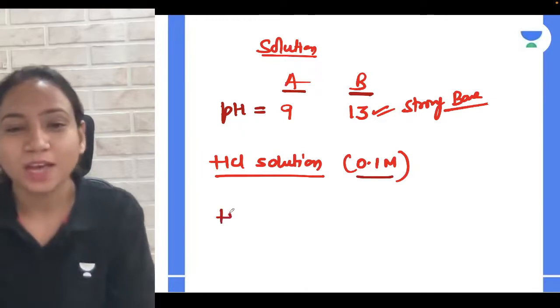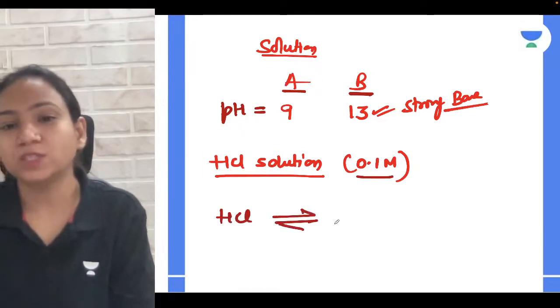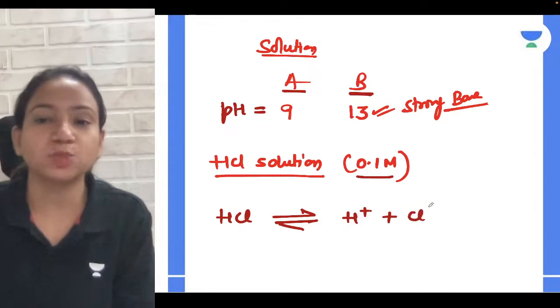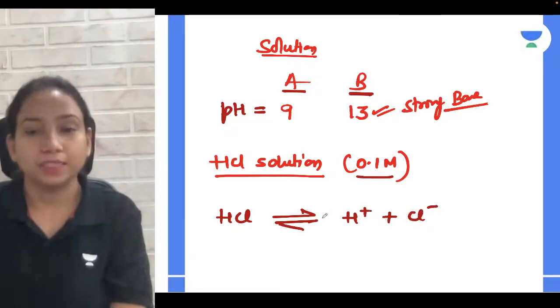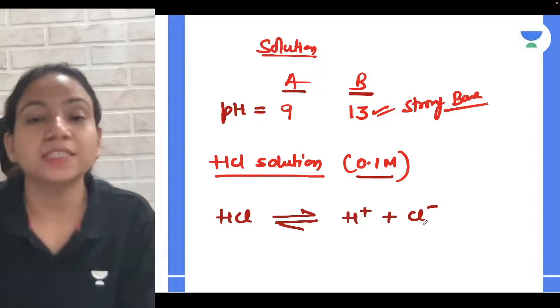So how will you get to know? When HCl dissociates, it gives H plus and Cl minus ions. Molar is molarity here, guys. HCl is an acid, hydrochloric acid. Everyone must have heard of it.